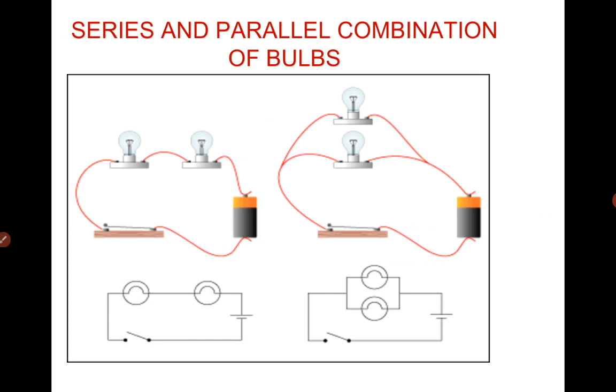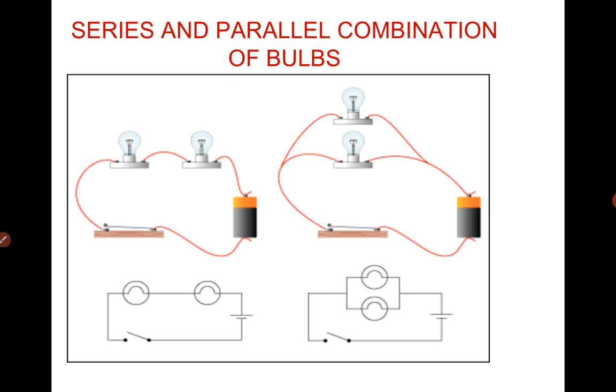The third variable is, if you switch on the key in the first circuit or in the second circuit, how is the brightness of the bulb, whether the brightness of the bulb is equal in both of the circuits, or the brightness of the bulb is different for each circuit.